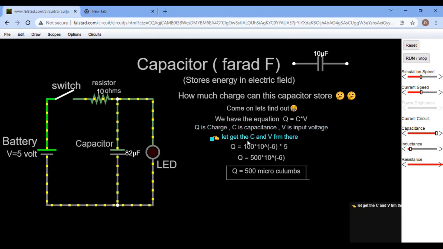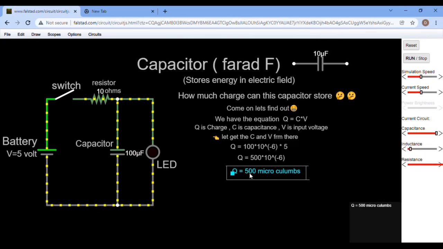Now from the equation we'll take C and V, the voltage. That is 5, and here I've considered C as 100 microfarads. So 100 into 10 raised to minus 6 into 5, that is 5 into 100, that is 500 into 10 raised to minus 6, that is micro.